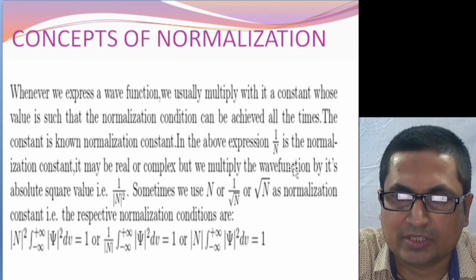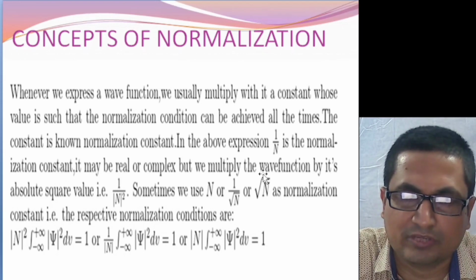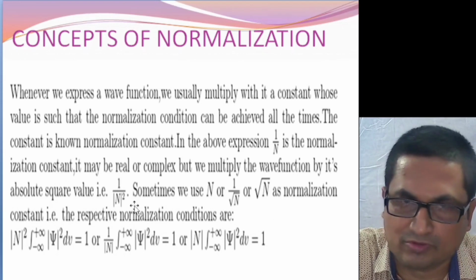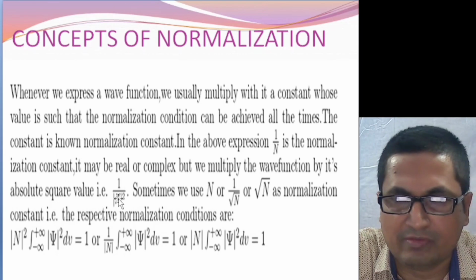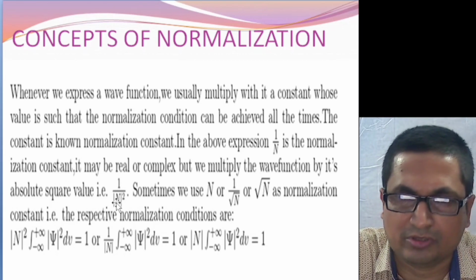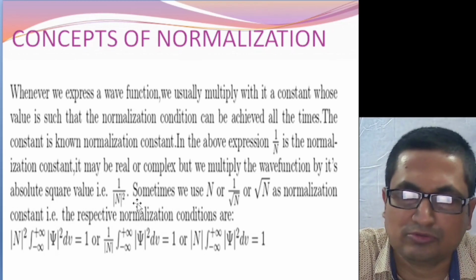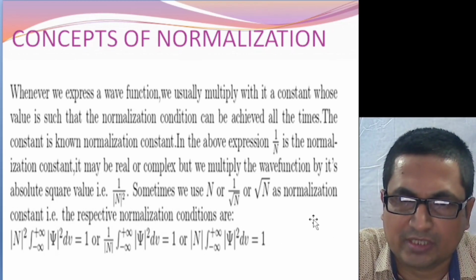But since this is multiplied with a wave function and we are taking the modulus squared of the wave function, ultimately we'll have a real value of that quantity, because the modulus of a complex thing also becomes a real thing.